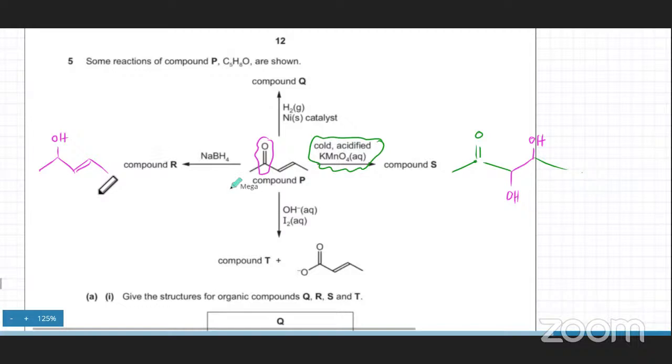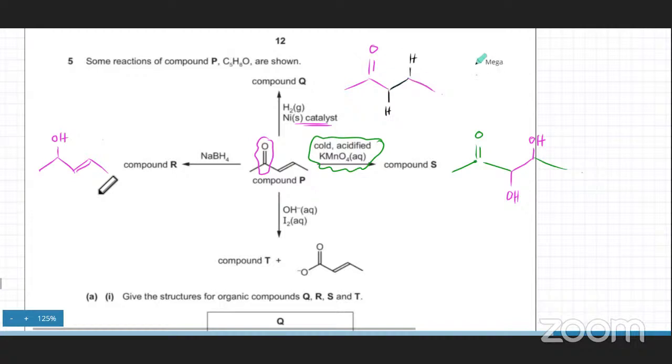Then over here, it's nickel plus H2. That's something that reacts with alkenes. That's hydrogenation. So in this case, what happens is that the alkene, it's an addition reaction. H would get added to the double bond, and the double bond would break or turn into a single bond.